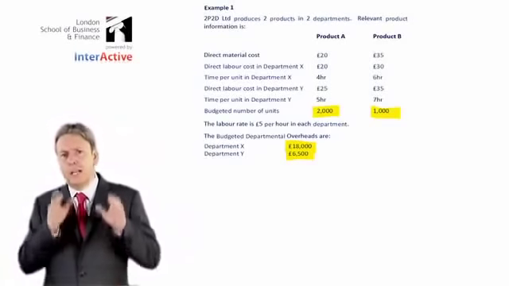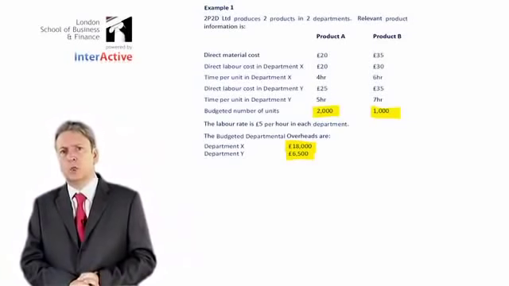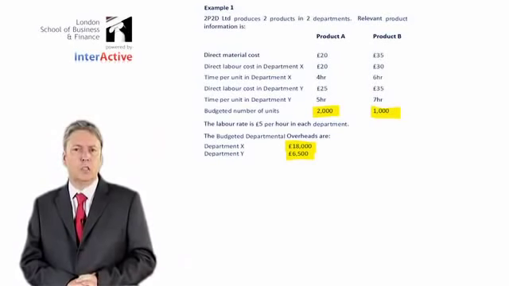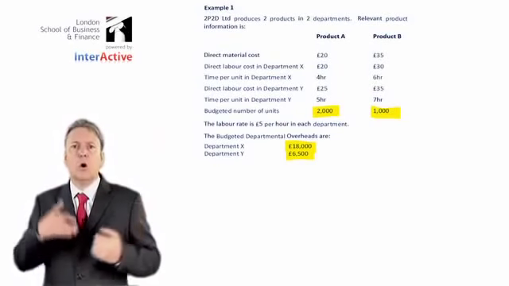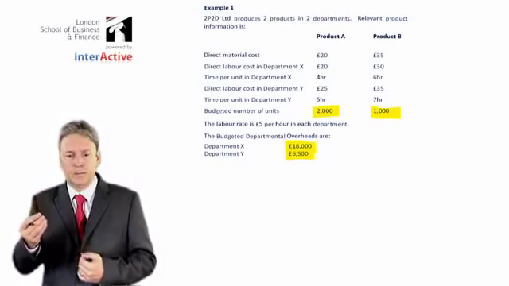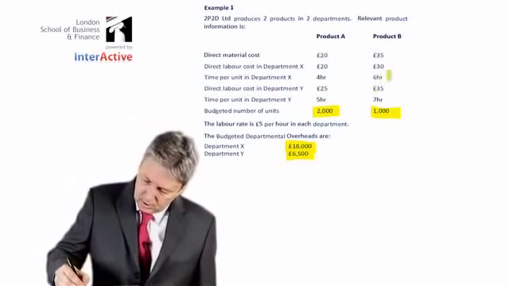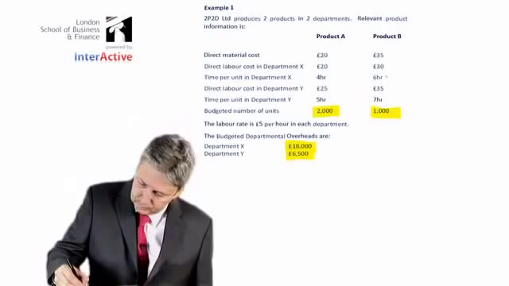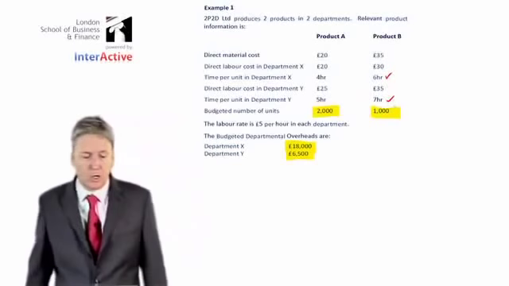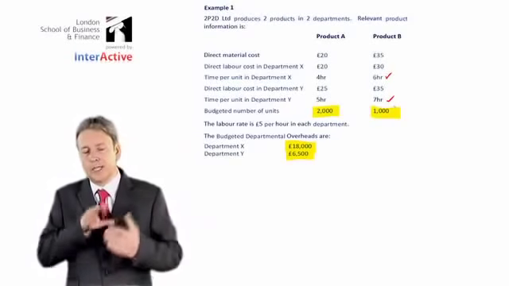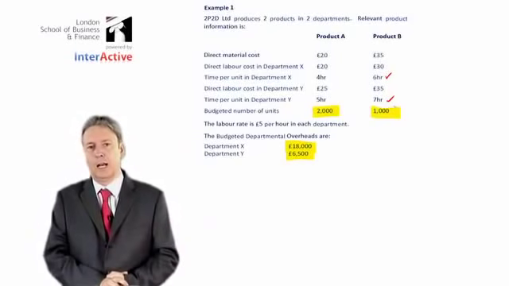That simply means that in these questions, if you're doing absorption costing, it is very likely that you are going to use machine hours or labour hours, measures of time. And what do we have here? Interestingly, we're given hours without being told whether they're machine or labour. I am guessing they are labour because they tally very nicely with those direct labour costs.